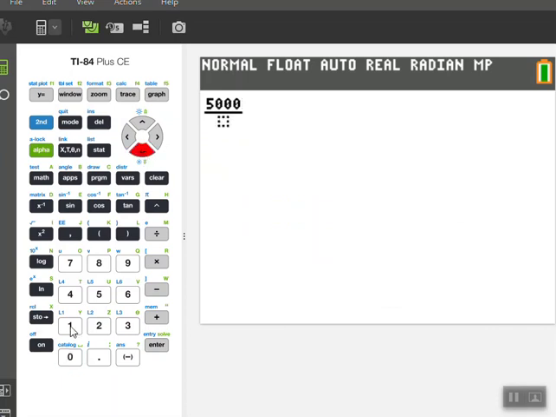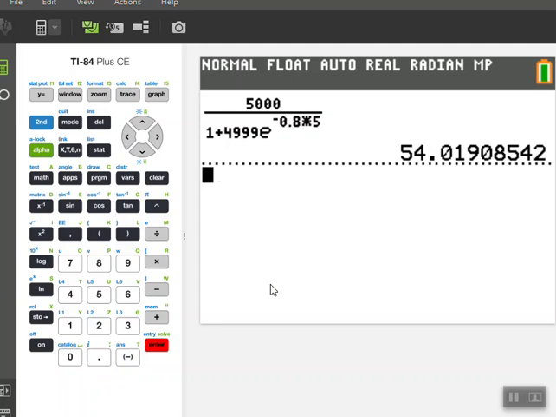So if we have 5,000 divided by 1 plus 4,999 e, which we get from clicking second, natural log, to the negative 0.8 times 5. Now, since we are talking about number of infected people, we are going to round to the nearest whole number. So we have 54 students infected.